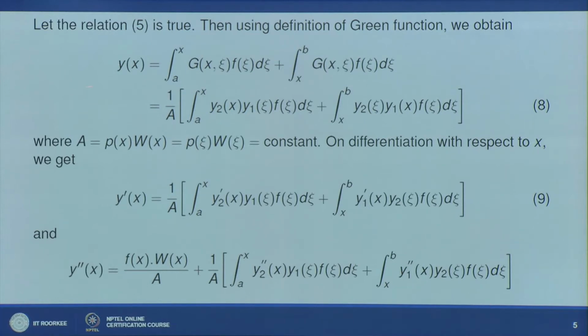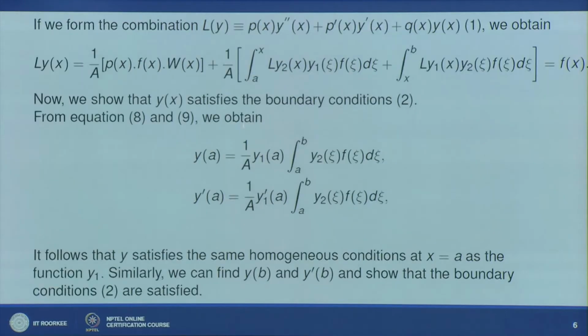Now once we have y of x, y dash x, y double dash x, we can form the expression Ly, which is p(x) y double dash x plus p dash x y dash x plus q(x) y(x), and we can calculate it. This quantity Ly(x) is coming out to be this, and this is nothing but your f of x.